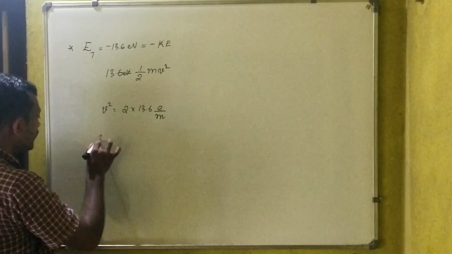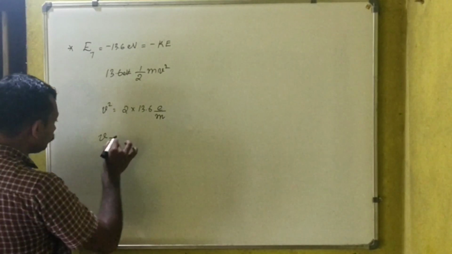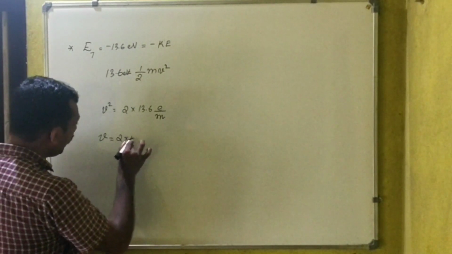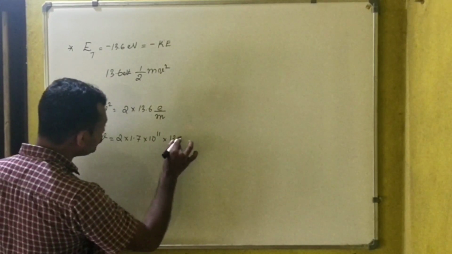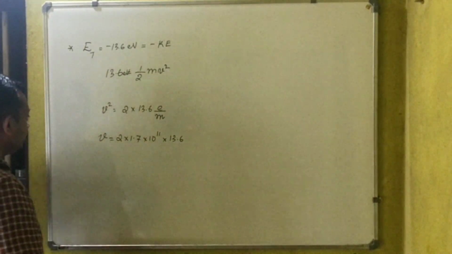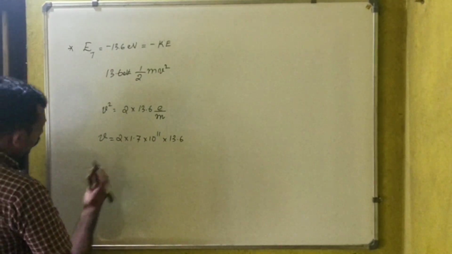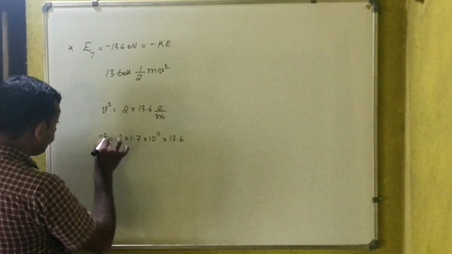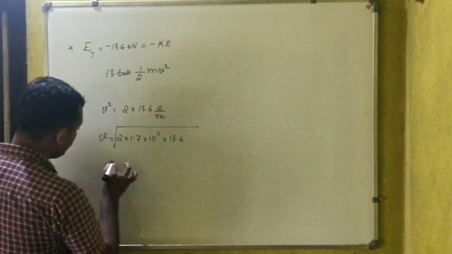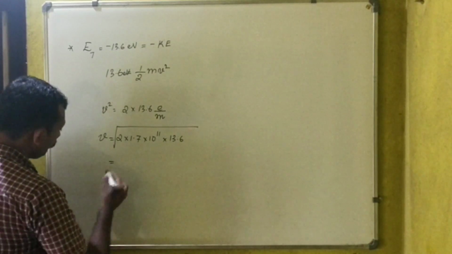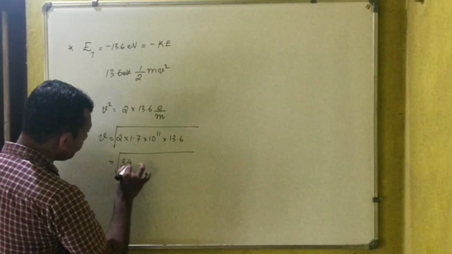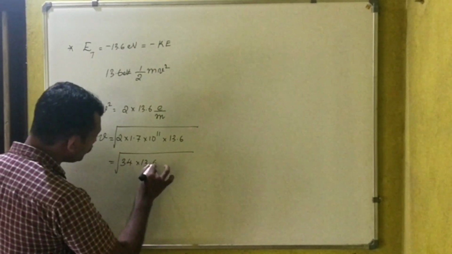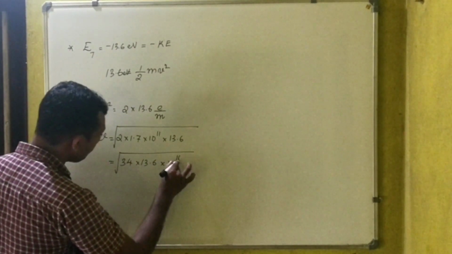That's it. Or v is equal to root of 2 into 1.7 into 10 to the power 11 into 13.6, or I will say this is root of 34 into 13.6 into 10 to the power 10.